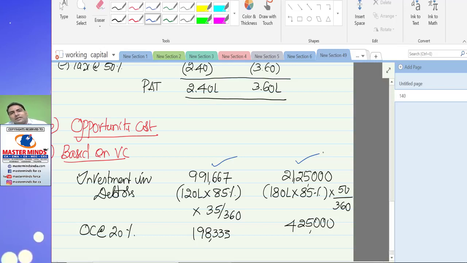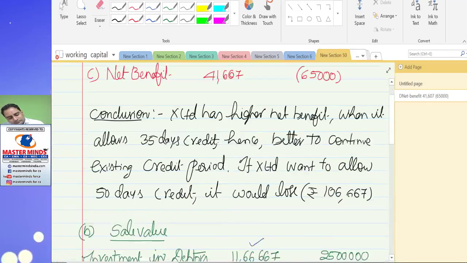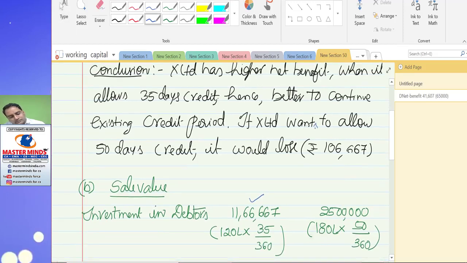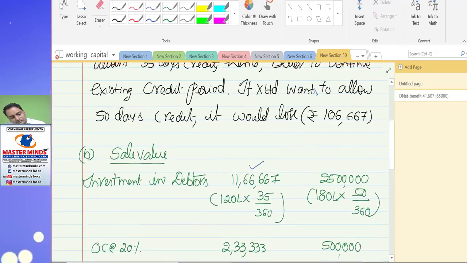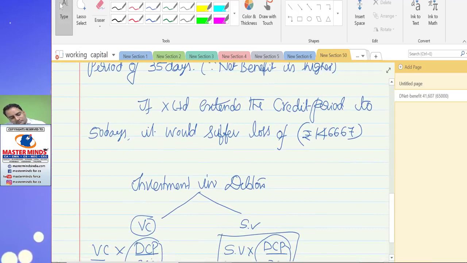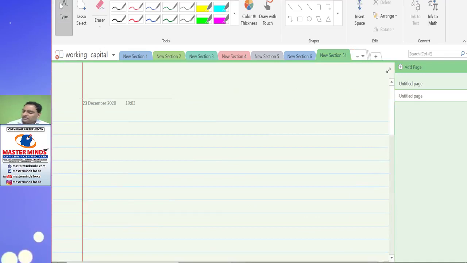That's why 85% of investment in debtors based on sale value is equal to investment in debtors at variable cost, since variable cost is 85% of sales. So up to this, problem number 14 is completed.